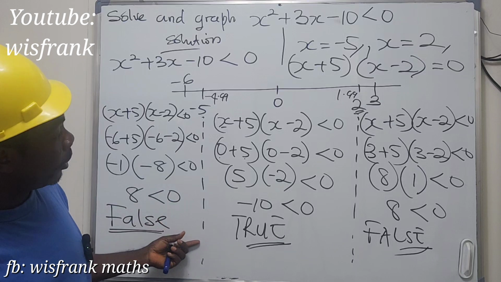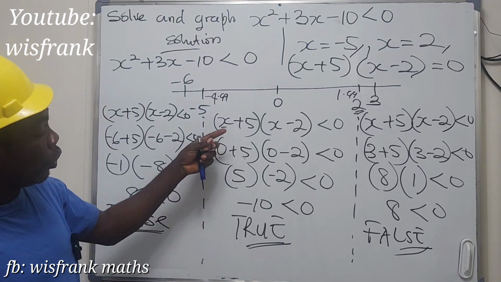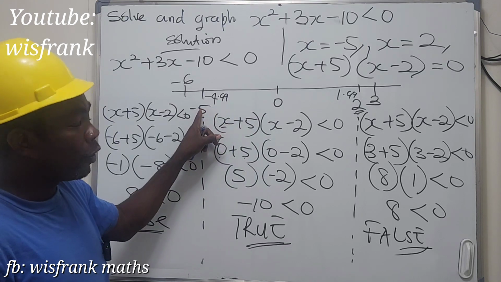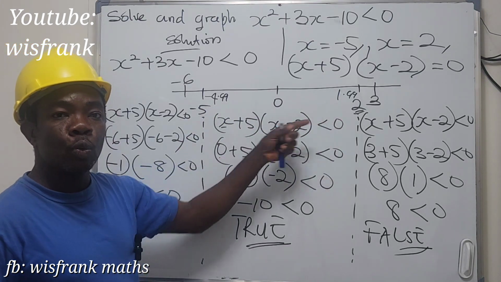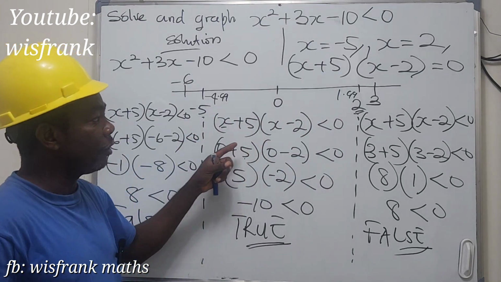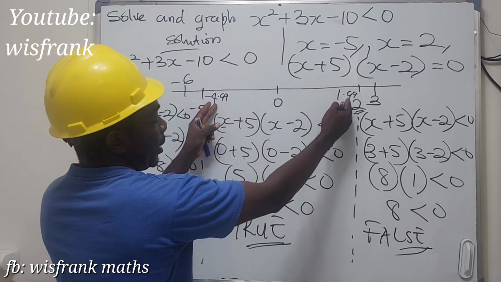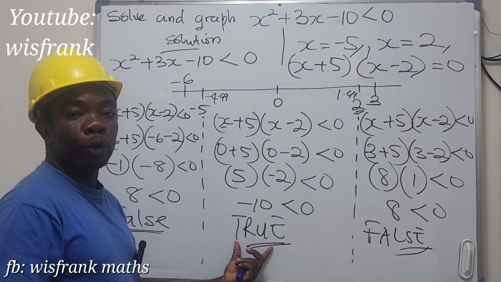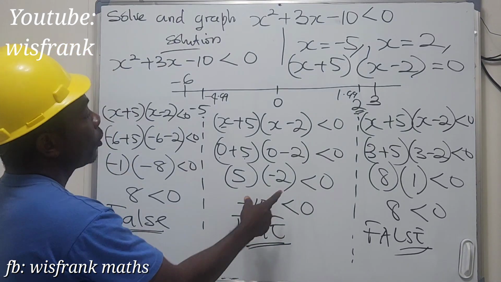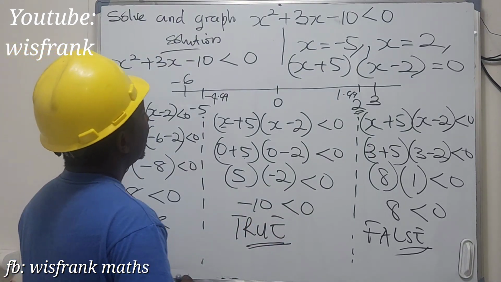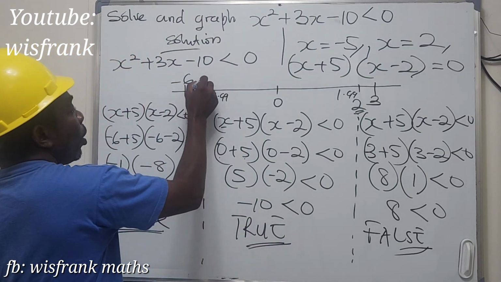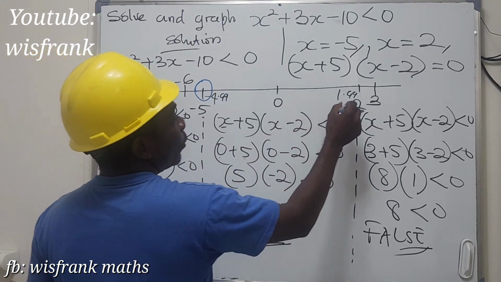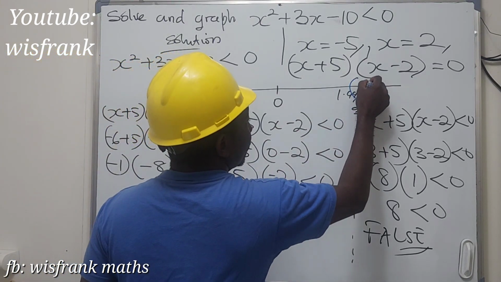Of these statements of this inequality, the only one that is true is when x is between -5 and 2, neither of which is inclusive. So the true values of x fall within this range. We can therefore say that at the roots we have an open circle here and also an open circle here.